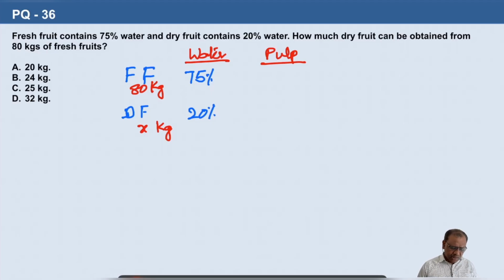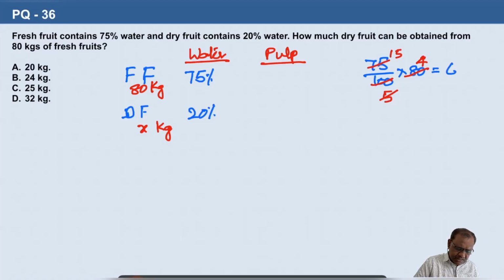So what is 75% of 80? 24s, 25s and 5 15s. So what is remaining? 15 for the 60. So the water is 60 kg.